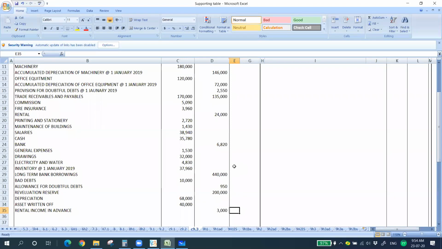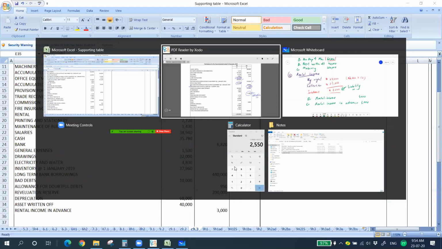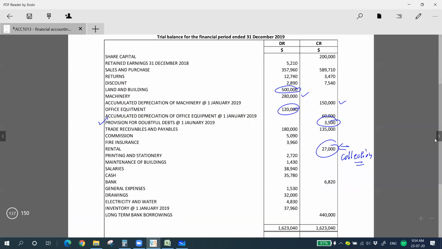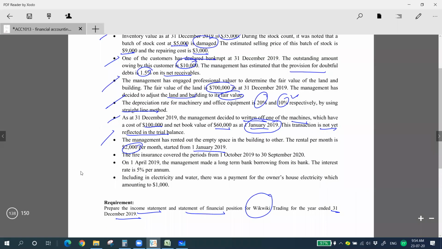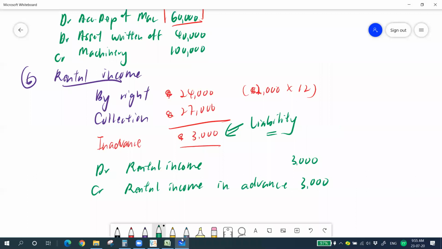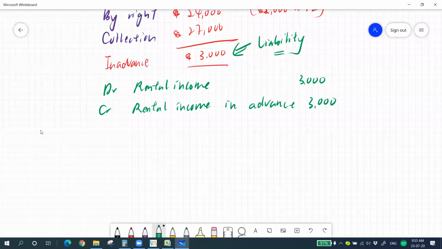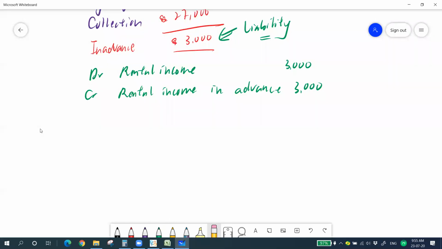All right, let's continue. The next one. The fire insurance covered the period from 1st October 2019 to 30th September 2020. So this is regarding number 7, right? Fire insurance.